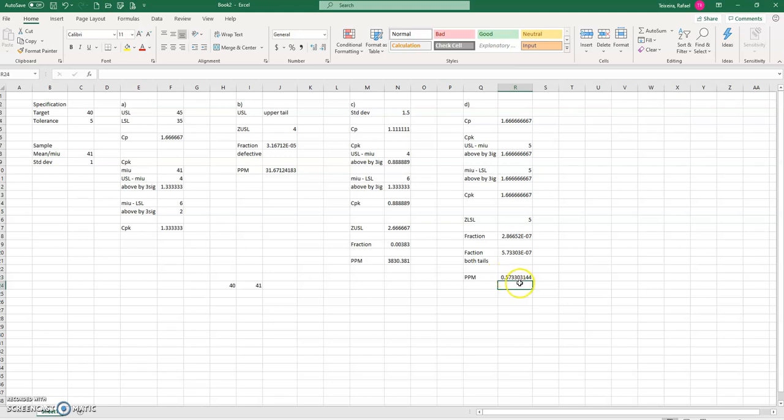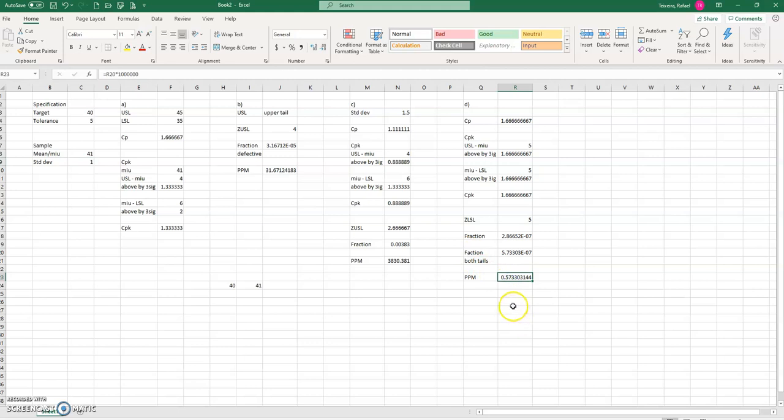So now we have less than one box, 0.57 of a box that is defective for every 1 million boxes that we produce. You see how we reduced from 31 defective boxes per million to less than one defective box per million if the process is centered and working according to what we designed, centered and with this standard deviation.